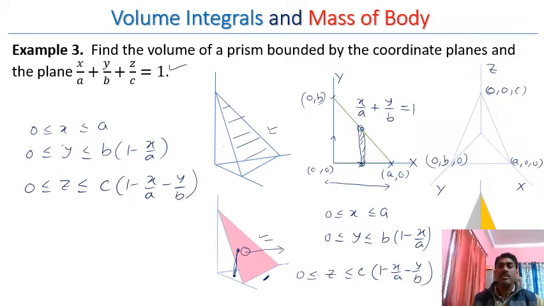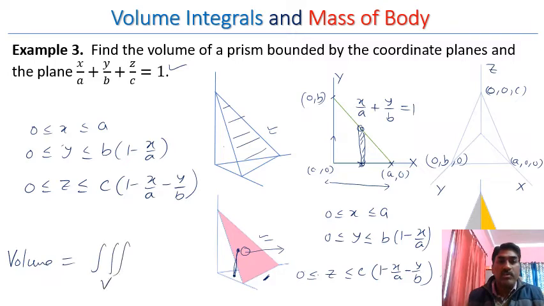Once we obtain the limits of this 3D shape, we just have to integrate. So what will be the volume? The volume is the triple integral over this bounded volume of dx dy dz. What remains is to put in the limits of this volume.